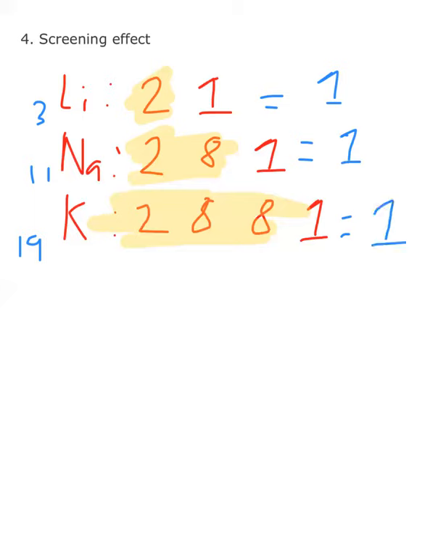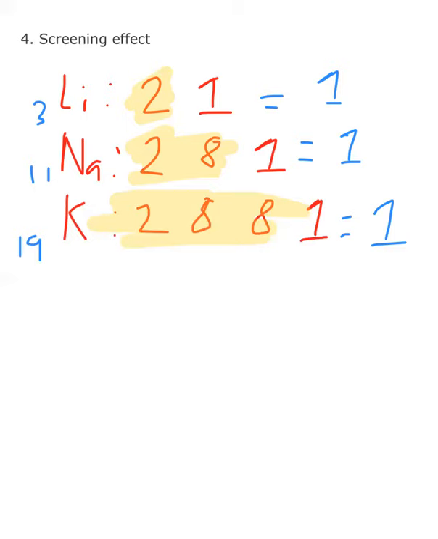So down the group, the nuclear charge, the difference between the number of protons and the number of inner electrons, the screening electrons, is the nuclear charge. Since the nuclear charge remains the same, the ionization energy decreases down the group because the outermost electron is furthest away from the nucleus in potassium, and in lithium it is closer.